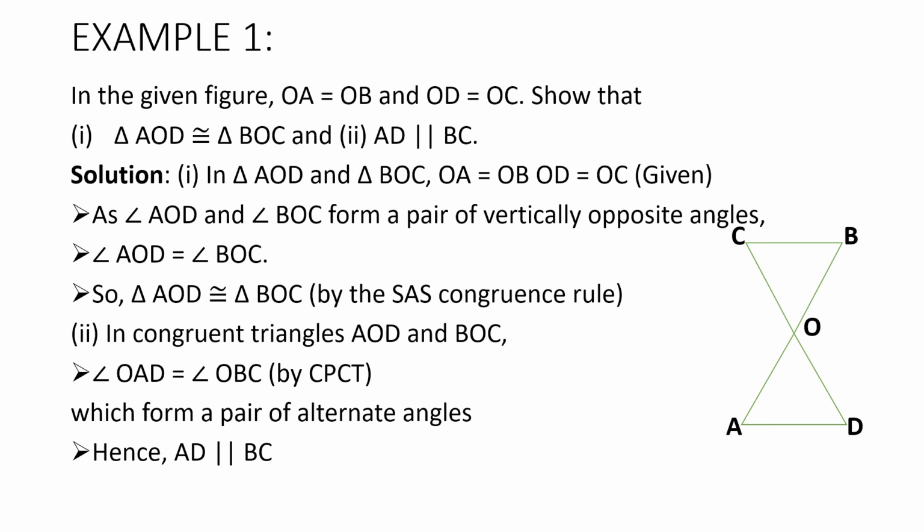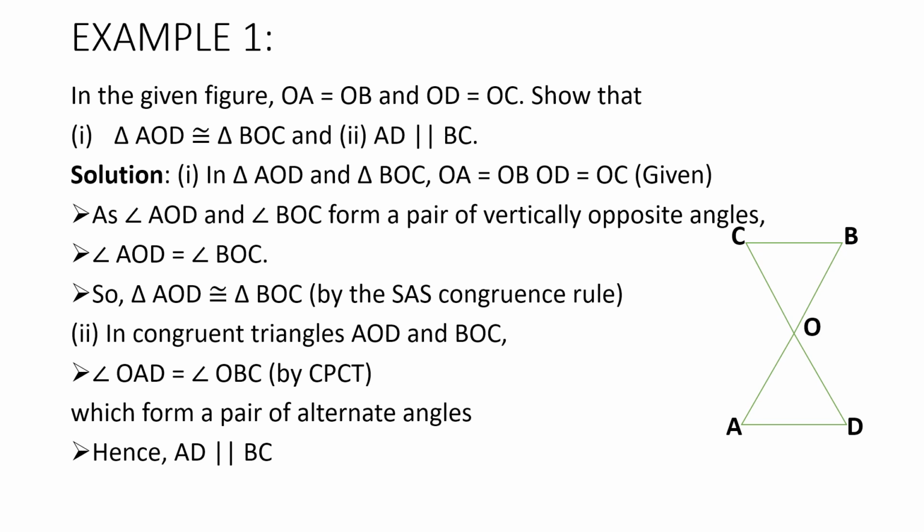Always in examples for this chapter, first of all, draw the diagram, and if you want to establish congruence between the two triangles, just notice the two triangles carefully and all the corresponding parts. So first of all, to prove the first result, you have triangle AOD and triangle BOC. Now OA is equal to OB and OD is equal to OC is already given to us.